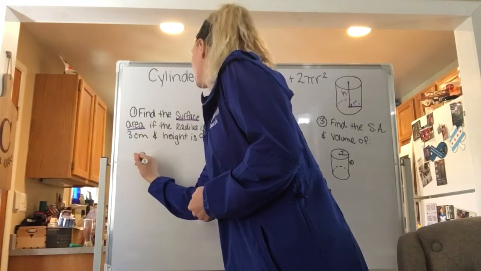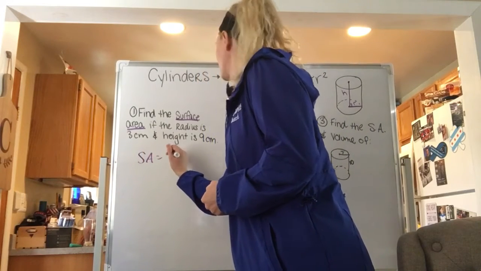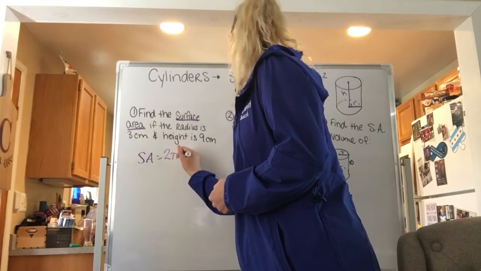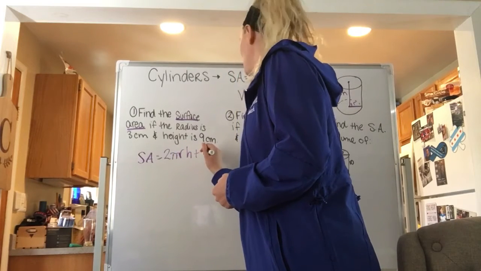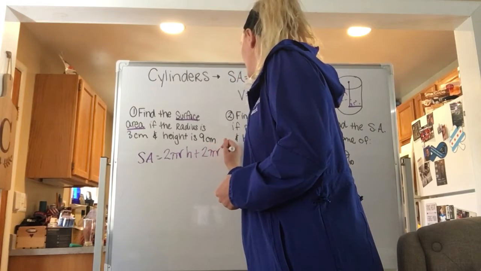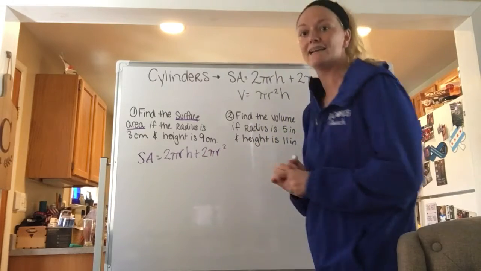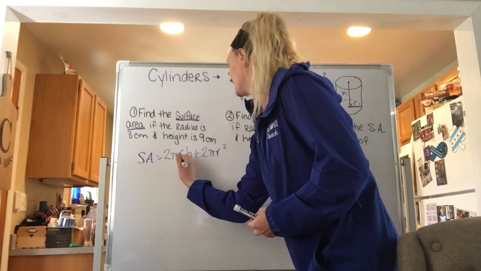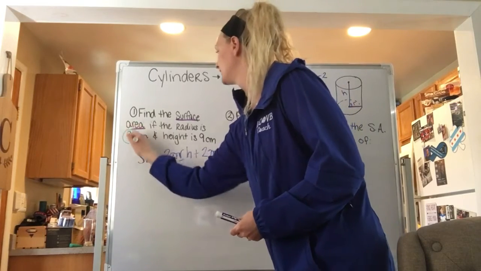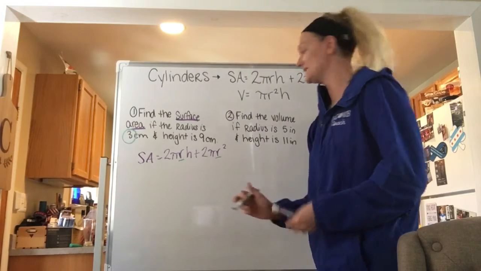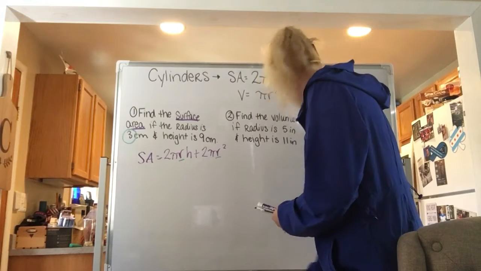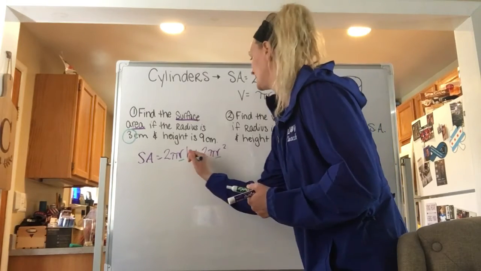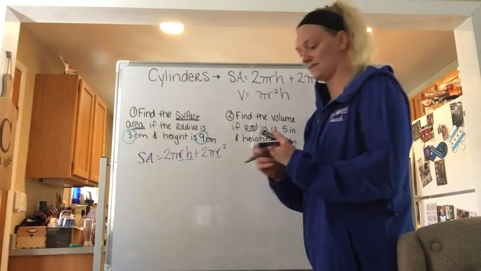So remember, surface area equals 2 pi rh plus 2 pi r squared. Okay, and anywhere that I see an r, I'm going to plug my radius in. They gave me the radius of 3. So 3 is going to go in for my radius. And then in for my height, anywhere I see an h, that's a 9.